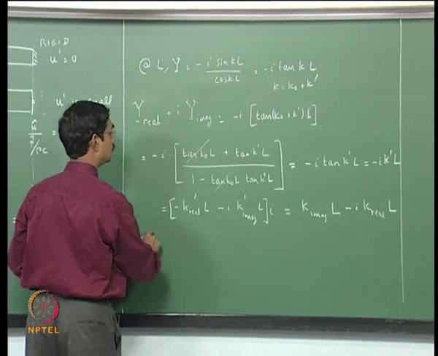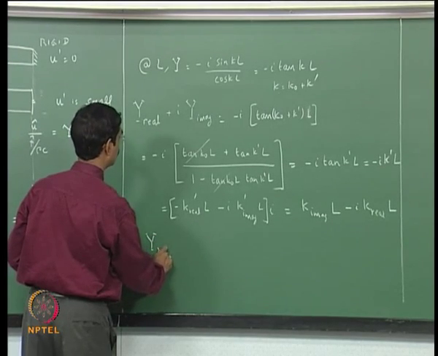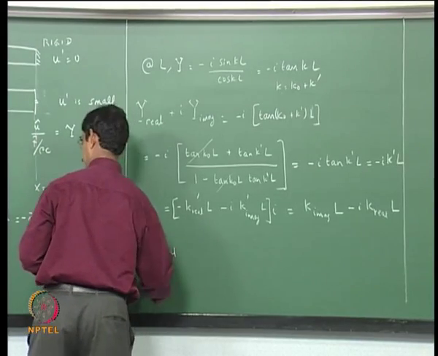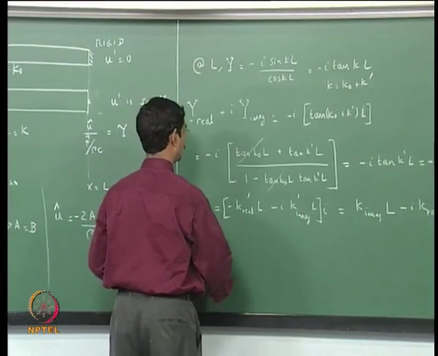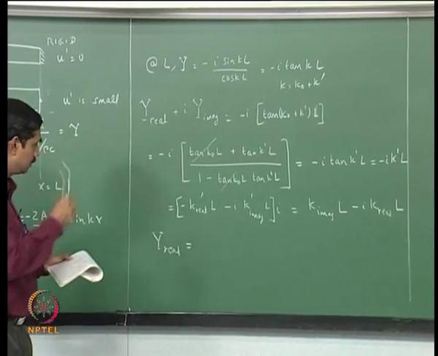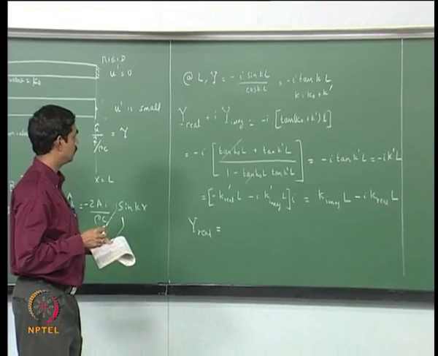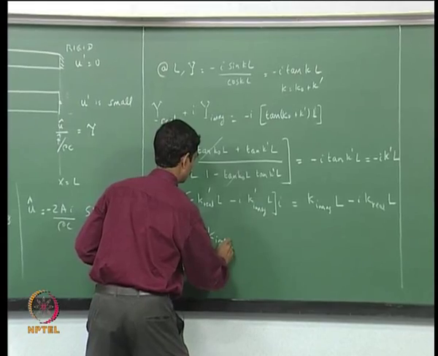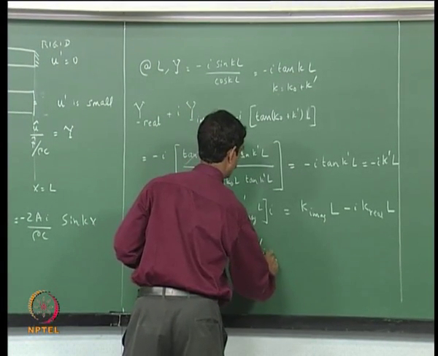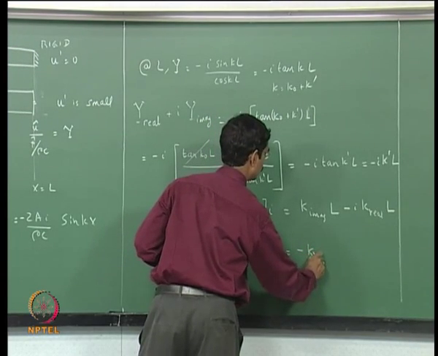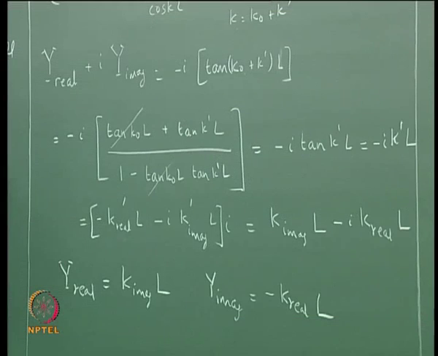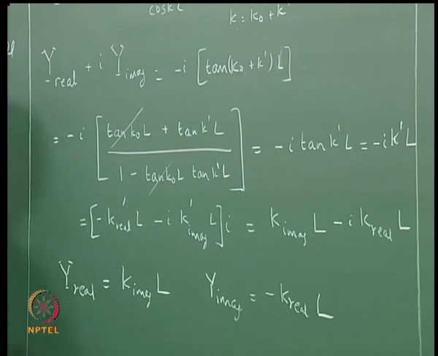So we can write this as two real equations, this complex equation: y real in terms of k imaginary and y imaginary in terms of k real.